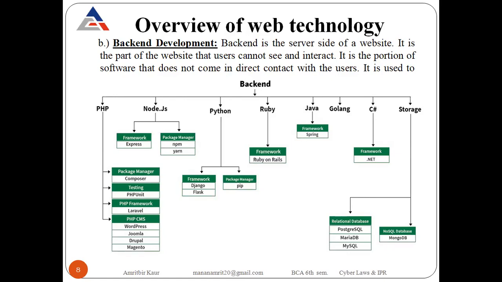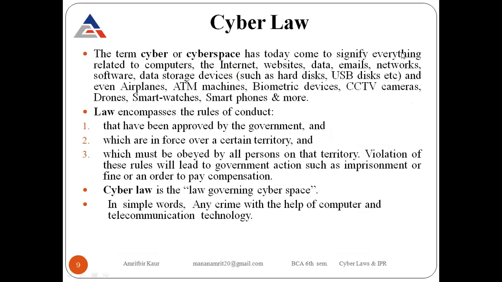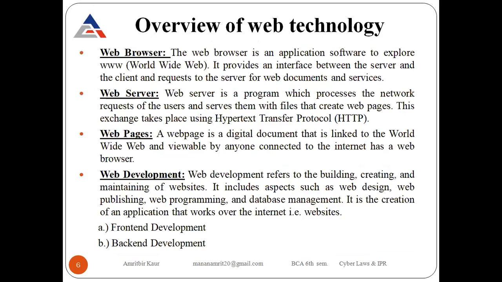Storage will also be covered under backend. For example, we design a website for online shopping. Users create their accounts and their information will be stored somewhere: username, user password, their details. Storage will not be seen by the user. This is all about web technology.